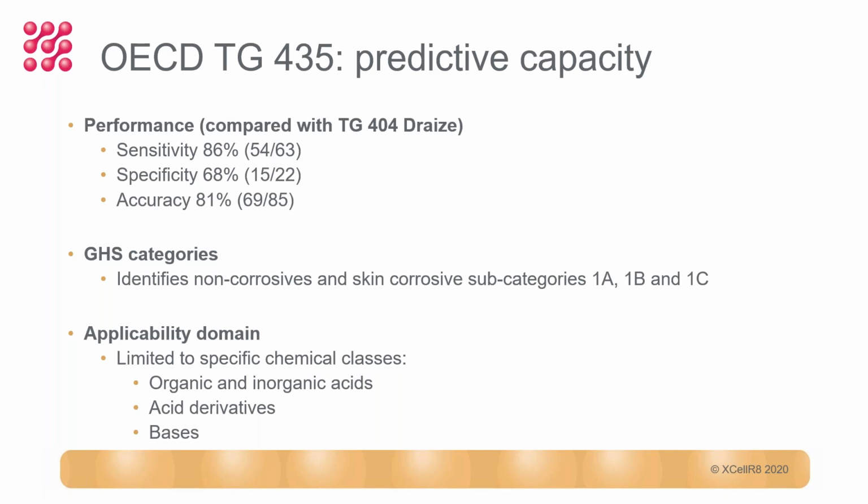So you will get a definitive output of subcategory 1A, 1B or 1C. However, it's got quite a limited applicability domain. There are only certain chemical classes that it's suitable for, and these include organic and inorganic acids, acid derivatives and bases. Next slide, please.